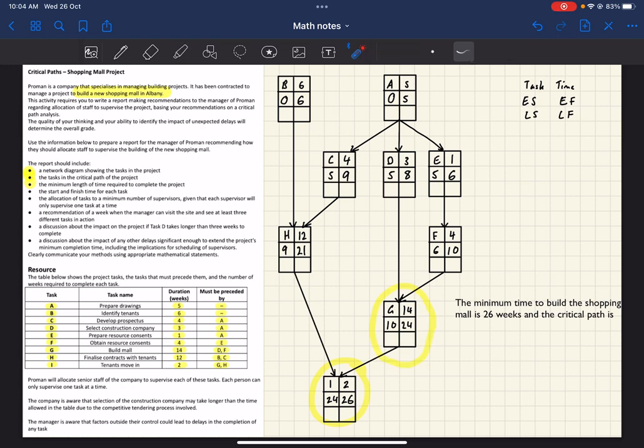But H is not, because this could finish at 21, but it only has to finish before 24. So this one's got actually 3 weeks of leeway that it could be delayed, and it still wouldn't delay the end of the whole project. So that means that H is not in the critical path.